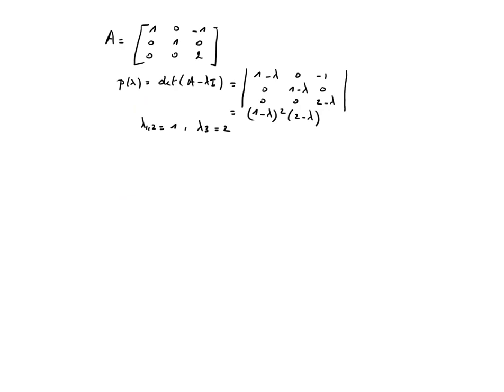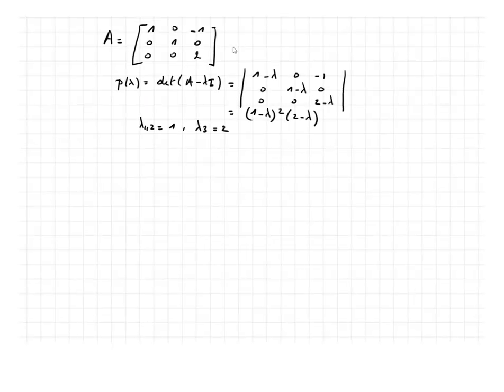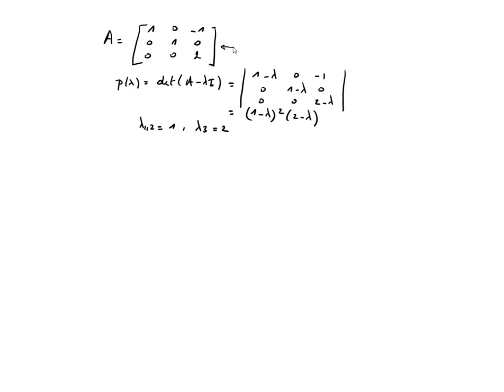So let us take another example of a matrix that is given over here. We can compute the characteristic polynomial, so it's the determinant of A minus lambda I, and this is what you obtain. Here it's very simple.